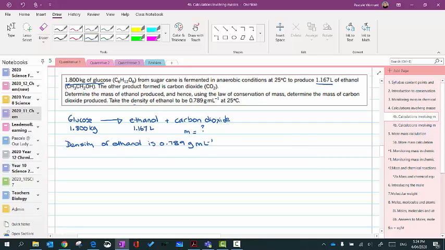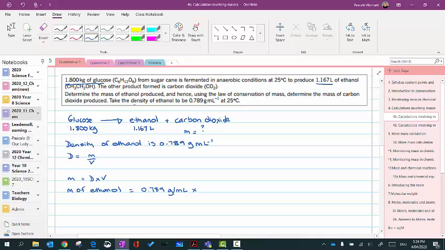Okay, now the density of ethanol, density is mass over volume. So if I want to find the mass, I'm going to have to do density times volume. So the mass of ethanol is going to be 0.789 grams per milliliter times, now note that the units are grams per milliliters.